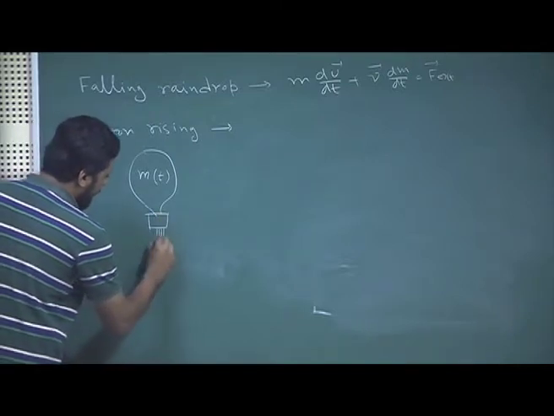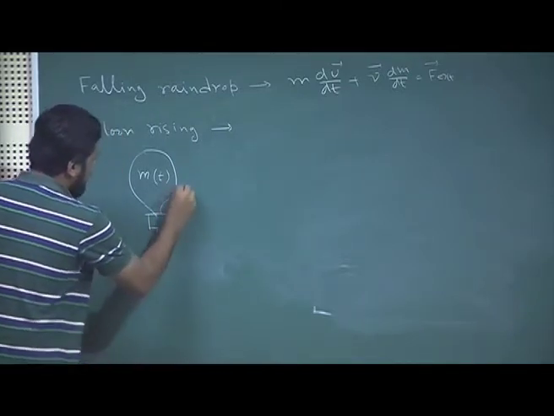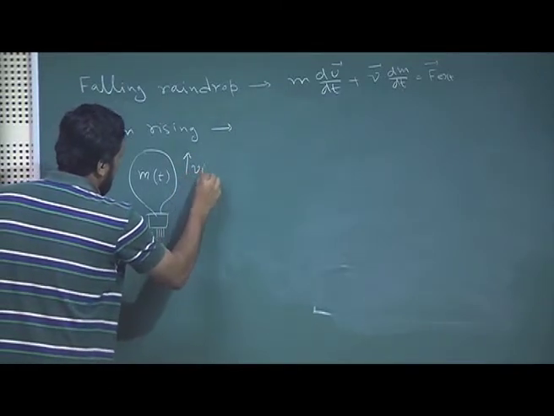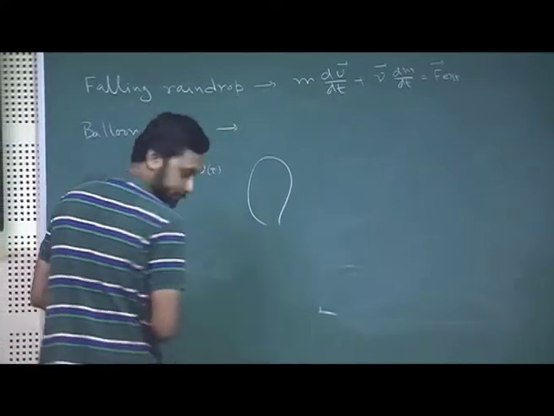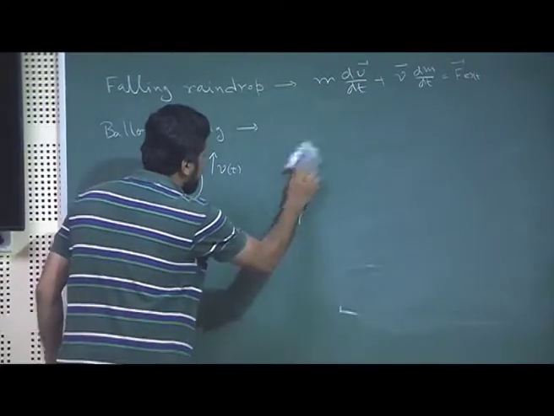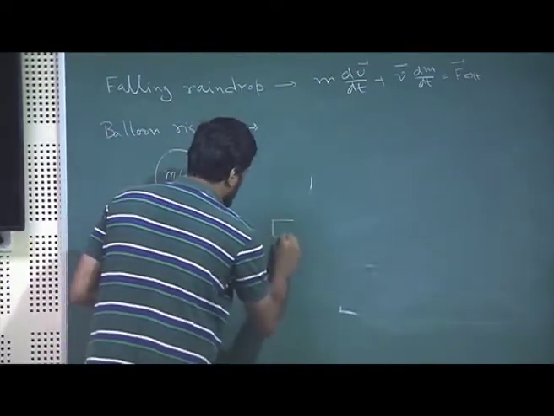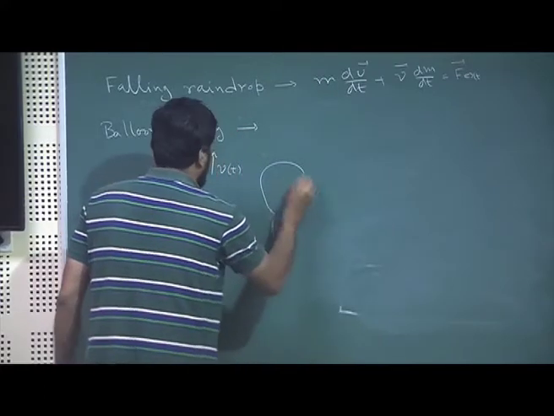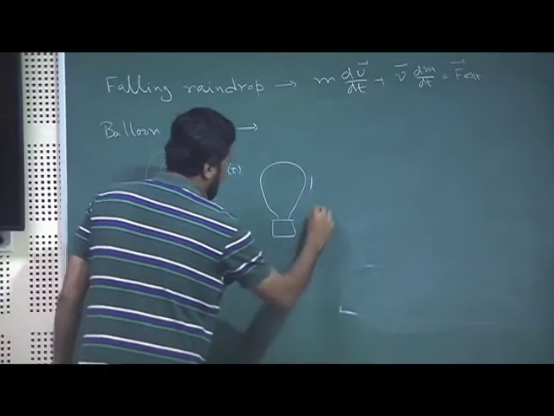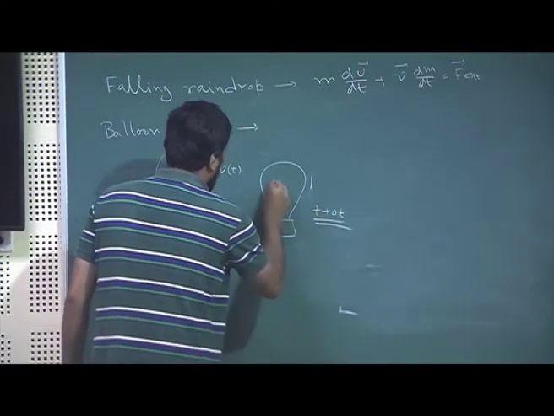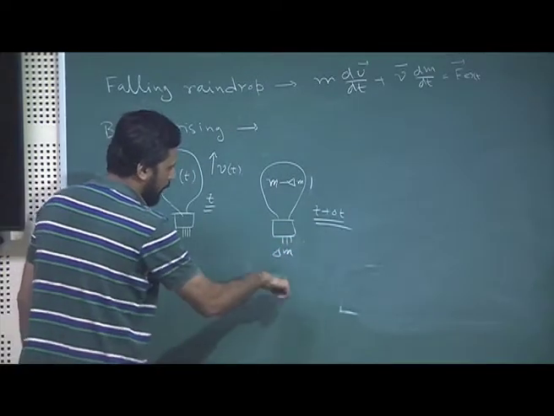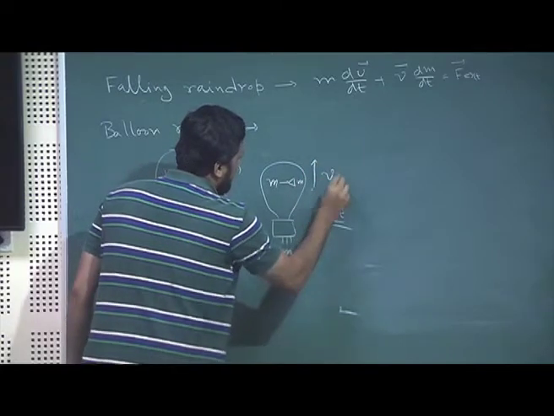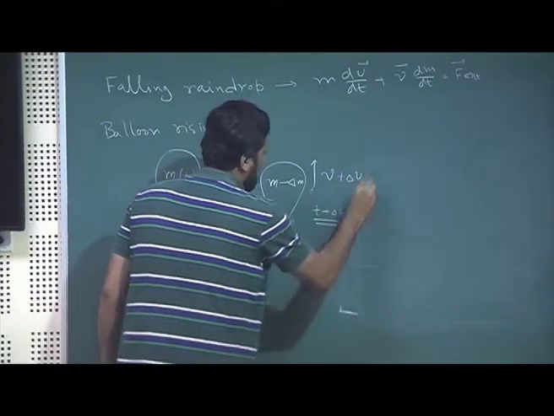Let us say at time t, the velocity of the balloon is given as v of t, and at time t plus delta t, we once again have m minus delta m, because delta m amount of sand has gone down, and the velocity is increased from v to v plus delta v.